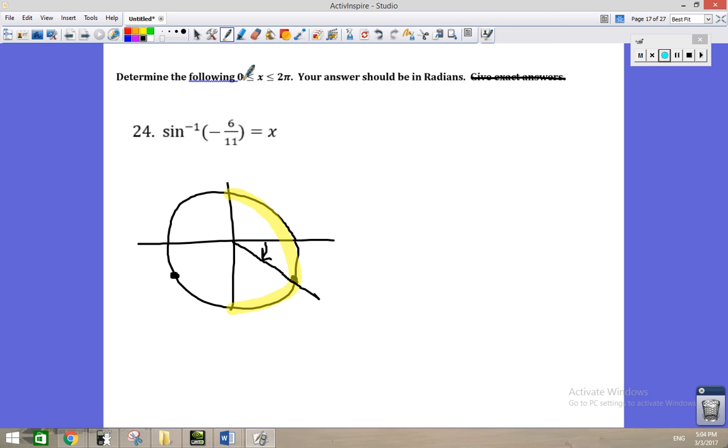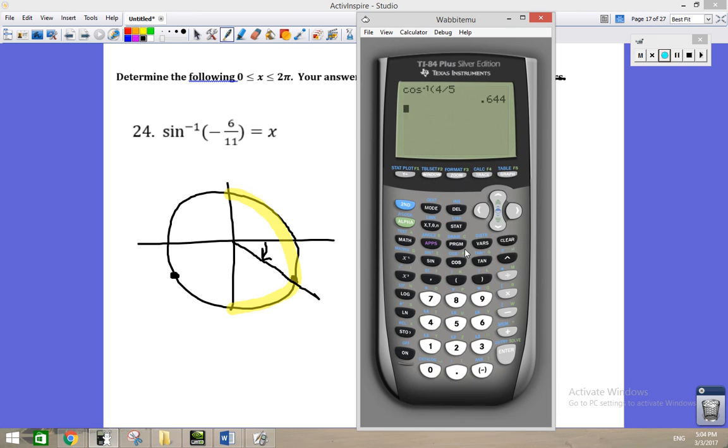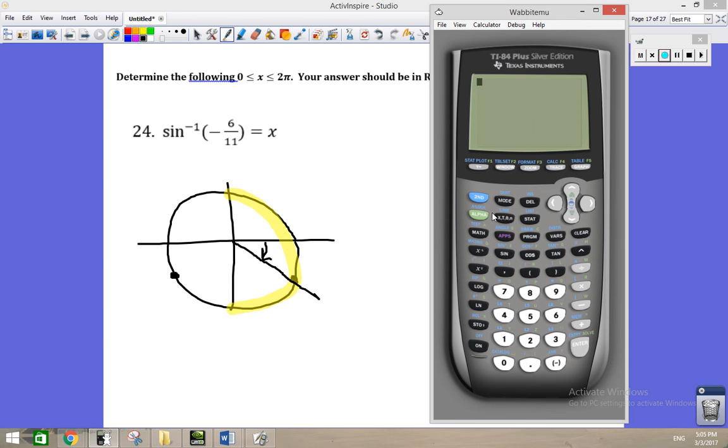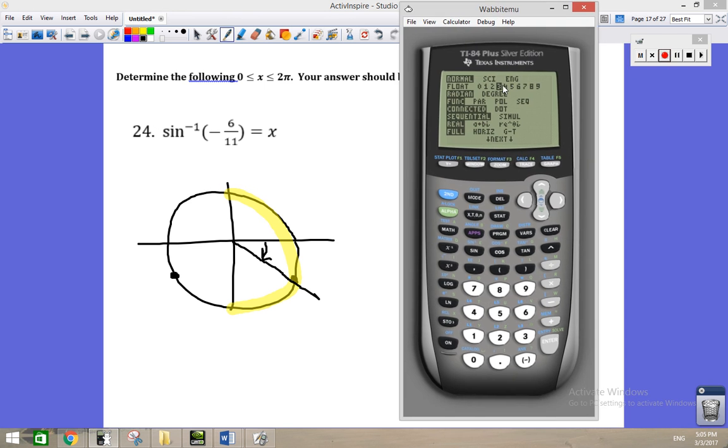But see, it wants me to have it bigger than 0. So let's use the calculator to get a solution to this equation. Second inverse, let's look and see, are we in radians? Yep. And I'm at 3 decimals, and that should be fine.